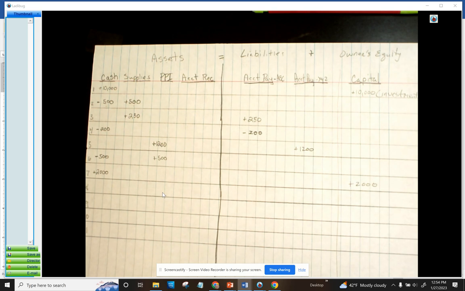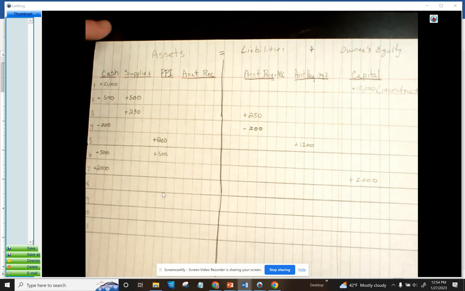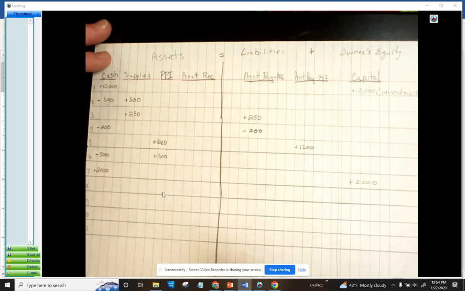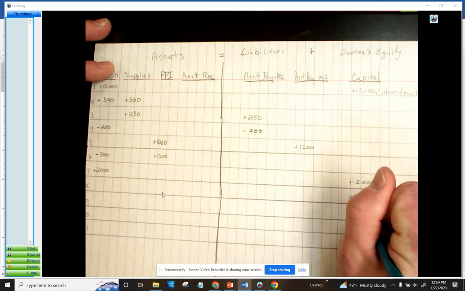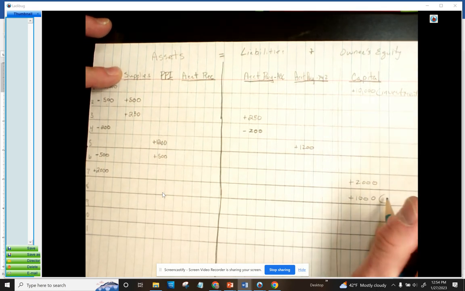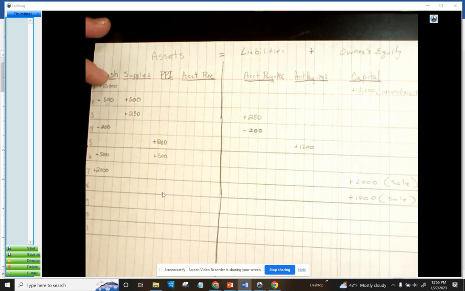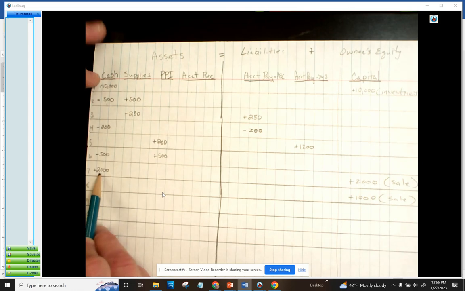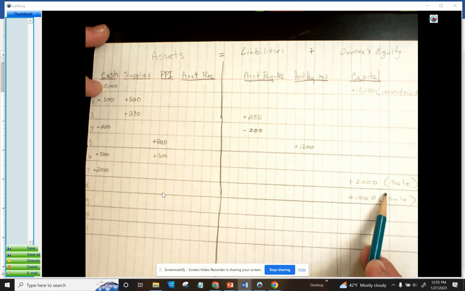So we perform services, which means we count the sale at the time of the sale. Let's pretend it was $1,000. This is for a sale for revenue. This was for a sale for revenue too. Only difference is this one, we got the money right away. For this one, we sold on account, which means we're going to get the money later.